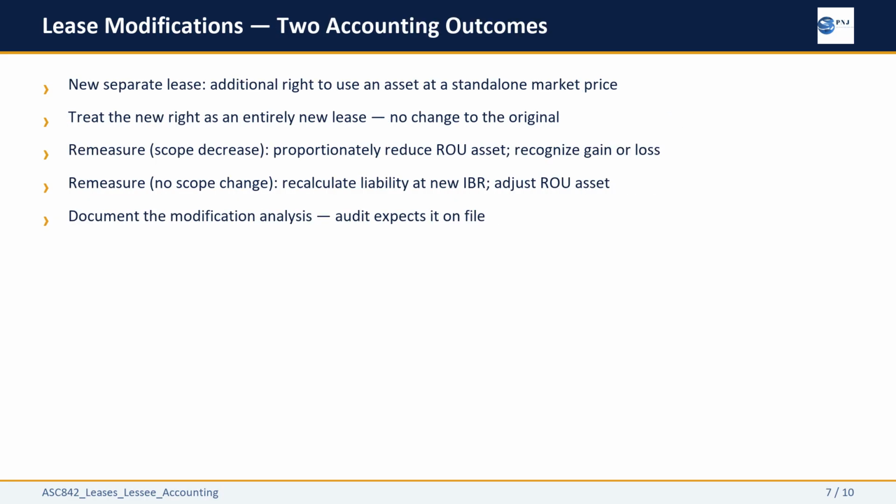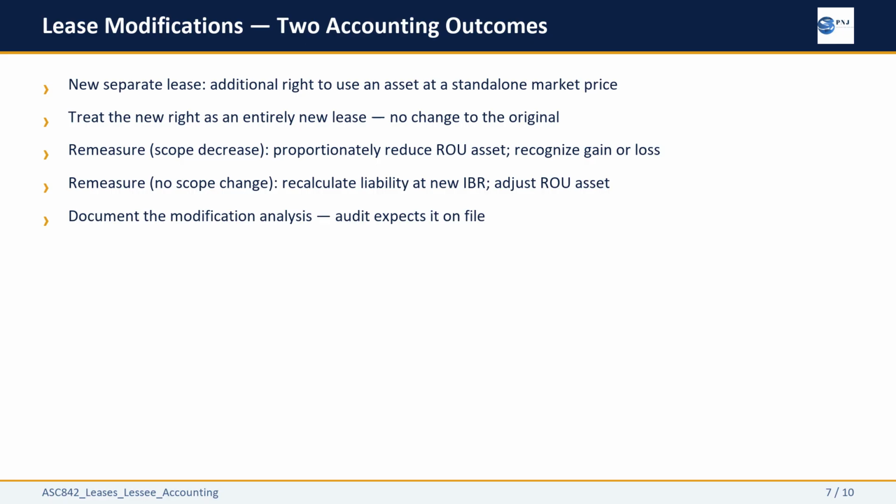The modification analysis turns on 2 questions. First, does the modification grant the lessee an additional right to use an asset? Second, is the standalone price for that additional right commensurate with the market? If yes to both, it is a new separate lease. Account for it independently, with no change to the original lease.